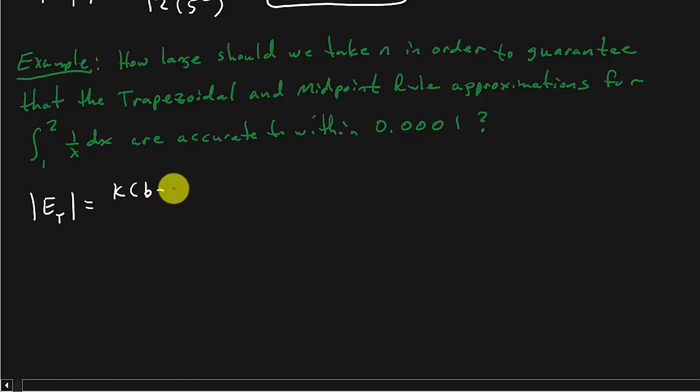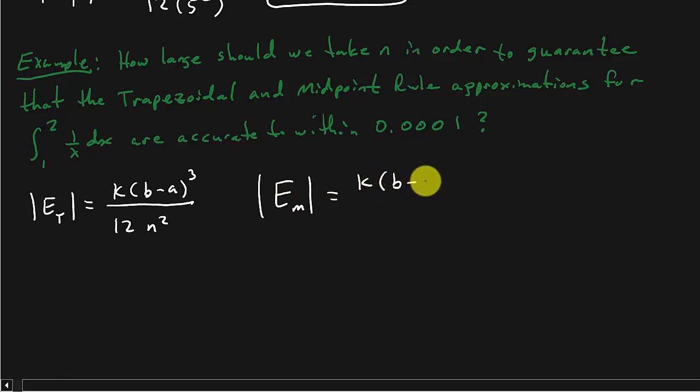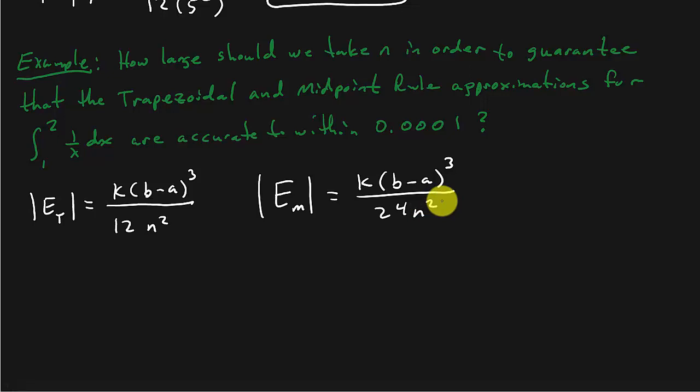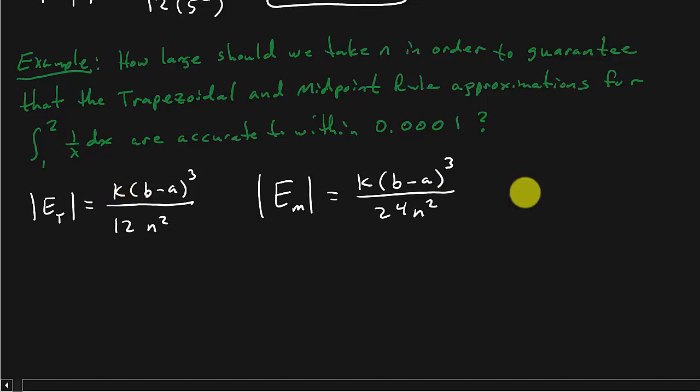I've got E sub t equal to K times b minus a cubed over 12n squared, and E sub m is equal to K times b minus a cubed over 24n squared. All right, so we're looking for n. If we just started out on this problem, we would have to figure out what K is.